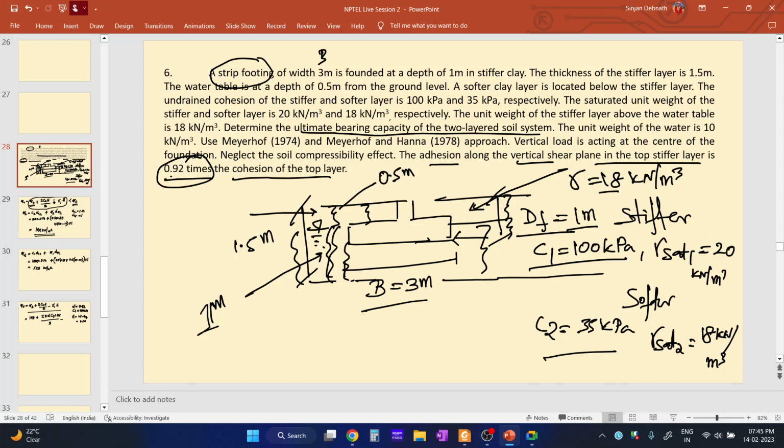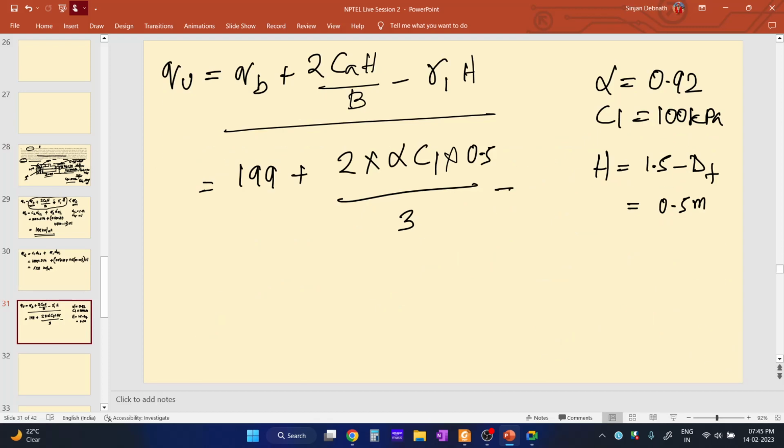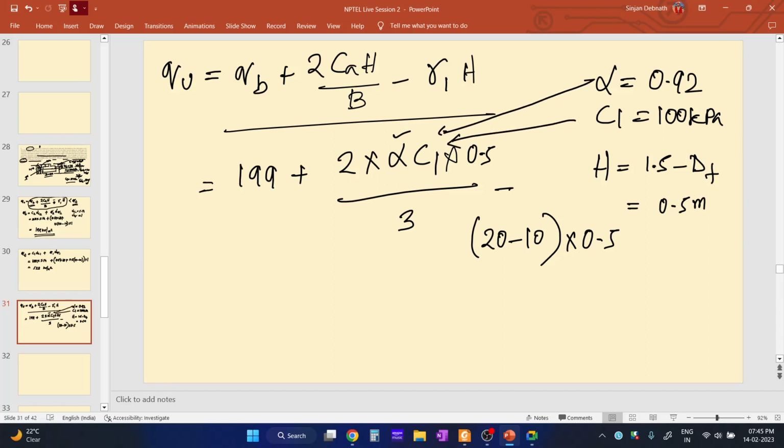So gamma sat1 is 20, so 20 minus 10, and into H. What is H? H is equal to 0.5. So you know all the values: alpha, C1. If you calculate this equation, you will get QU is equal to 225 kilonewton per meter square.